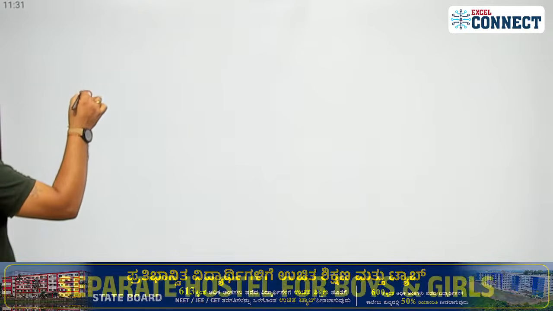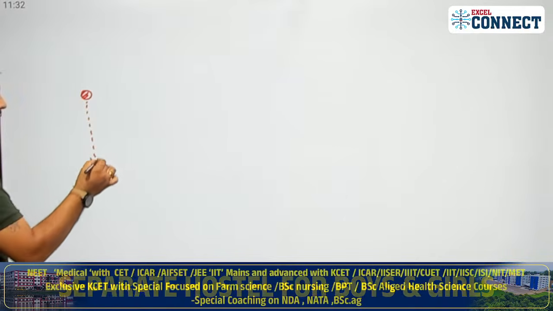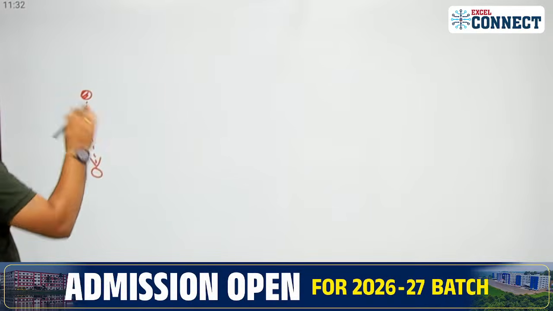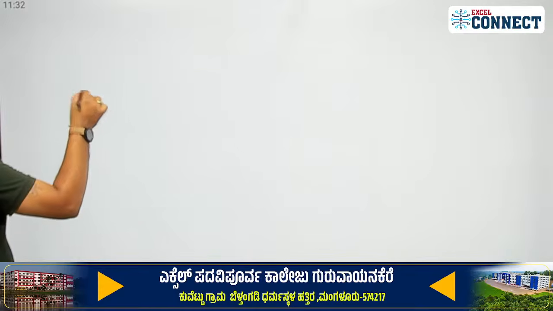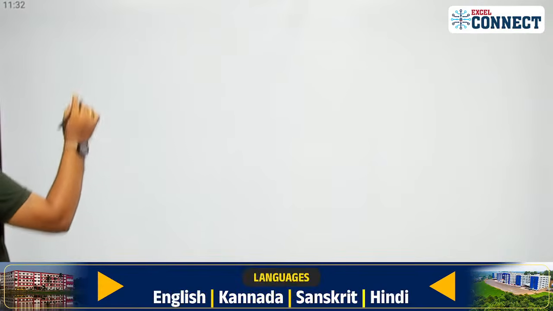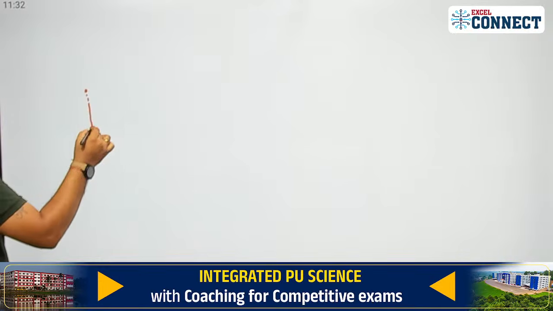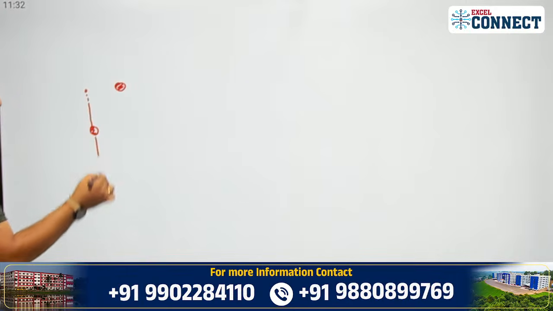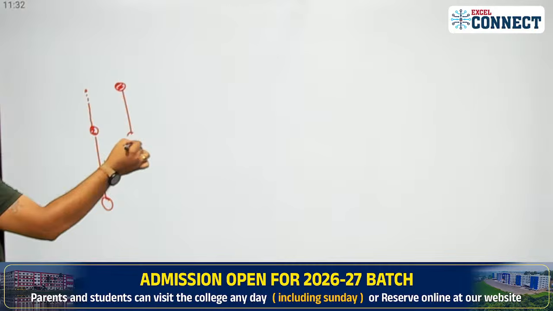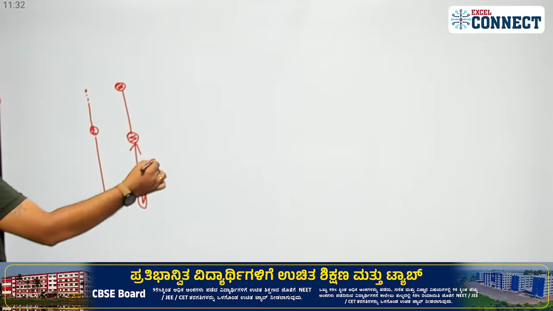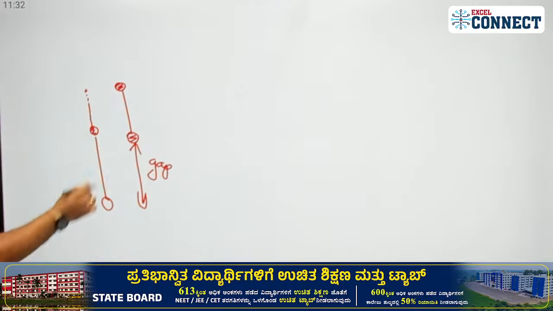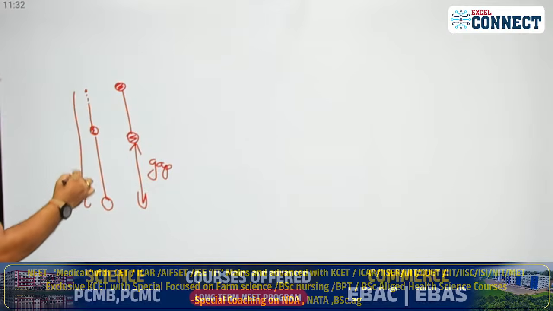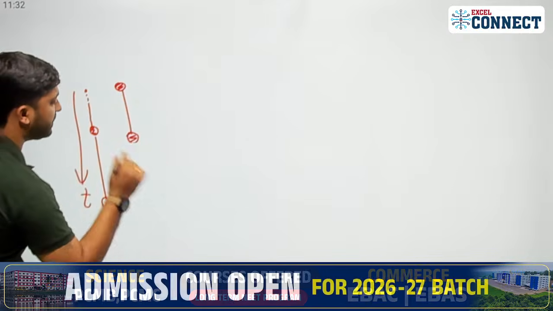Suppose an object starts its motion, and when this object reaches here, the second object is dropped from here. So when this object reaches here, the first object will be ahead, right? So there will always be some gap. If first object takes time t, what is the time taken by second object?